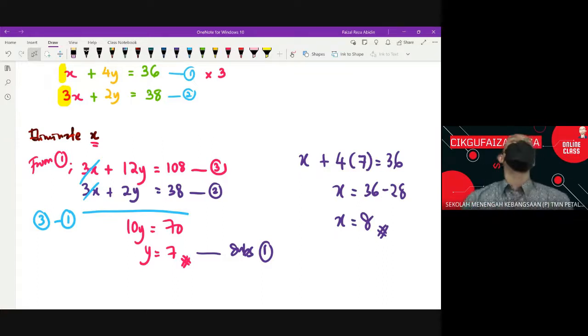I consider it the fourth method here. That's going to be in your SPM, but for sure you need the linear equation first. If you didn't have your linear equation, of course, you cannot find your value of x and y here.